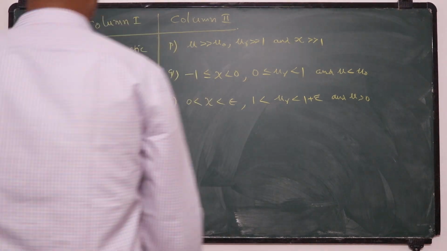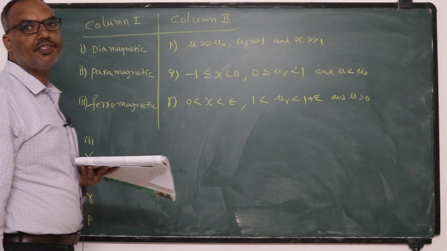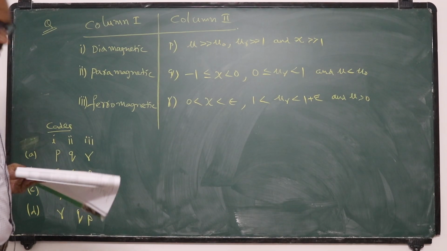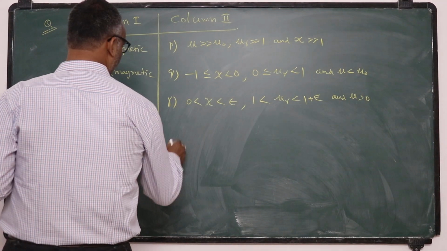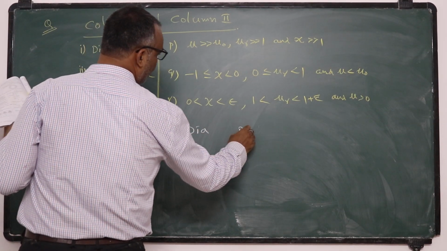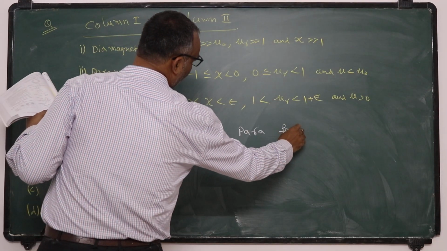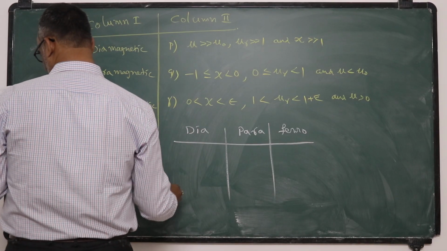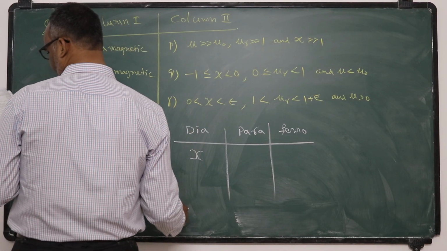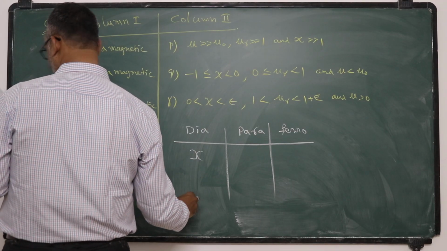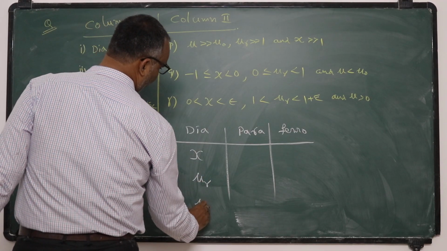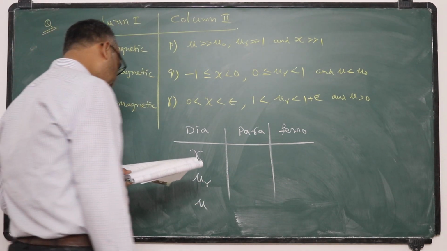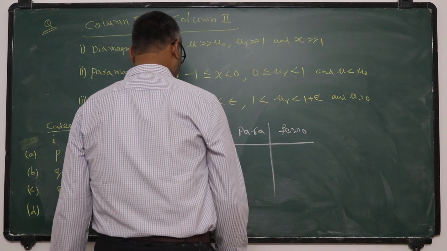If you revise the properties of dia, para, ferromagnetic substances, based on those properties, you can get the exact answer for this question. As we know, if you take the three substances dia, para, ferro, against susceptibility, relative permeability and permeability of the medium, how are these values?